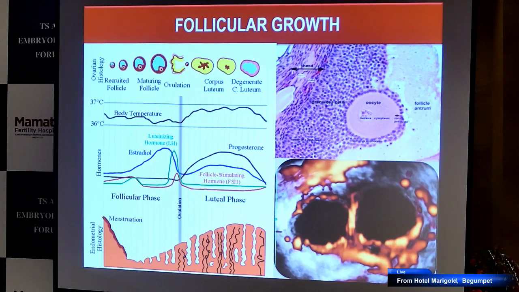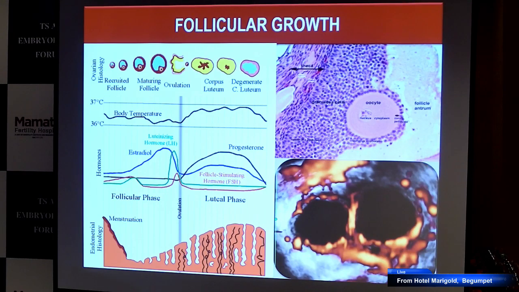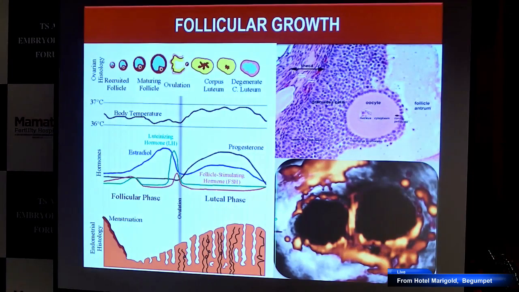Some of these selected follicles take all that FSH and start producing estrogen. Now, as the estrogen goes up, there is a drop in FSH, and that causes only a single follicle to move on, right? Because that follicle has some intra-ovarian factors which make it more sensitive to the FSH compared to the other follicles. So in nature, there's a very systematic, very meticulous growth of the oocyte and also cytoplasmic maturation that is happening inside.